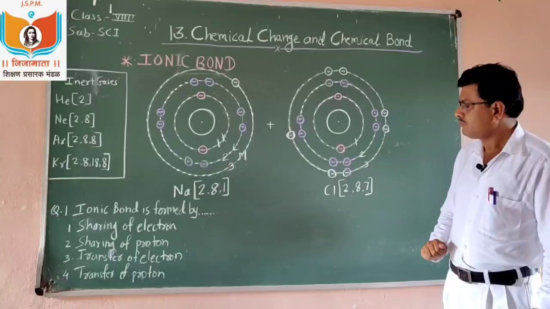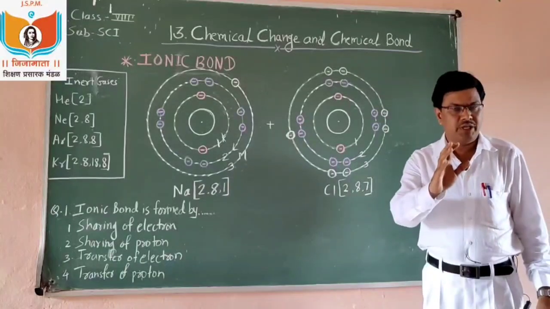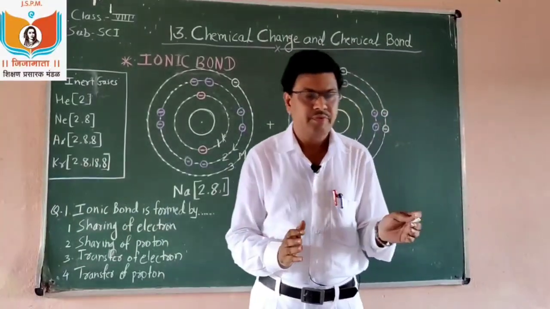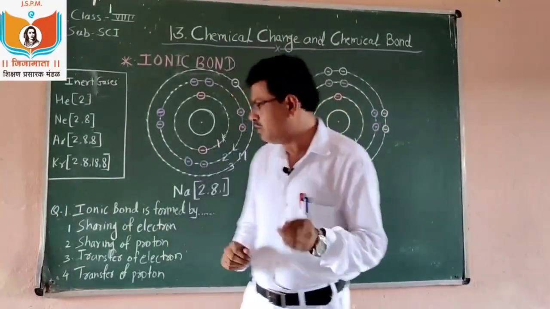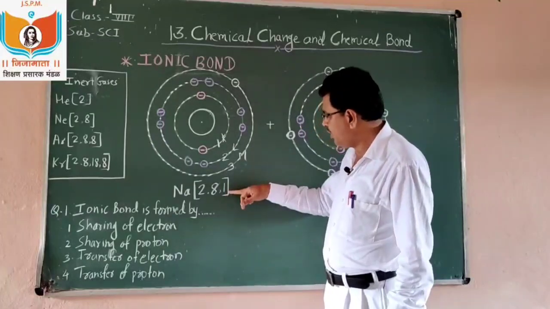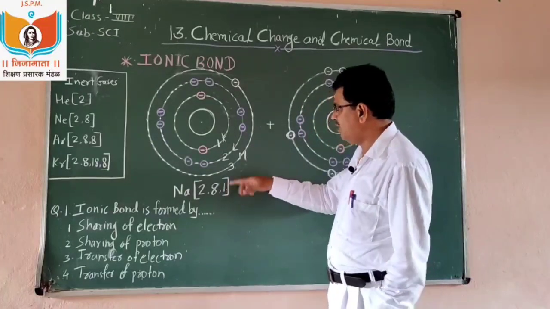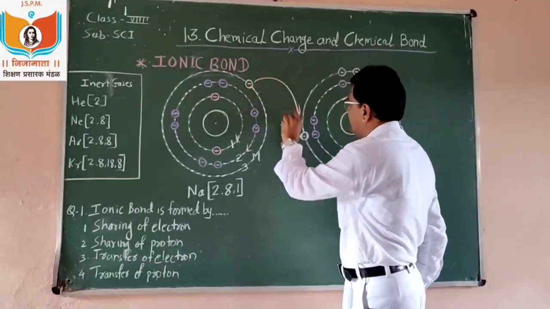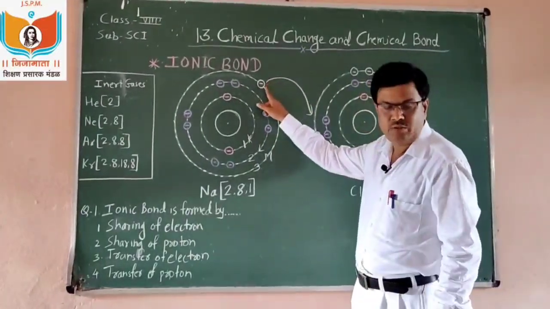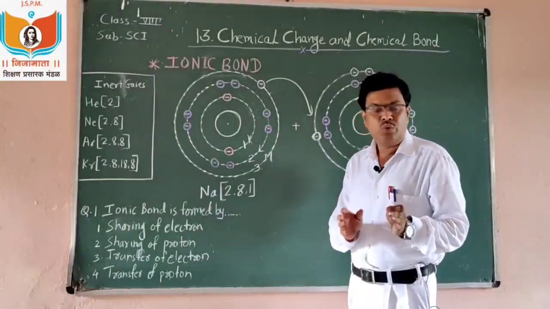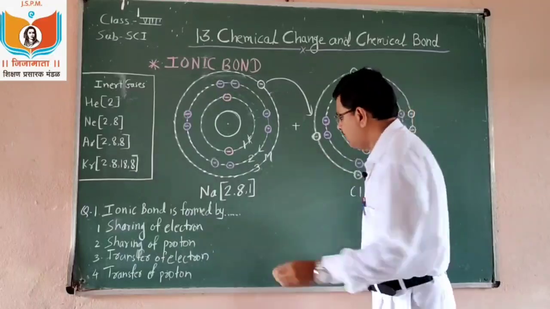Now see, every element tries to get a stable electronic configuration. For this purpose, sodium has to lose 1 electron. When sodium loses 1 electron from the last orbit, now the charge gets disturbed. How?